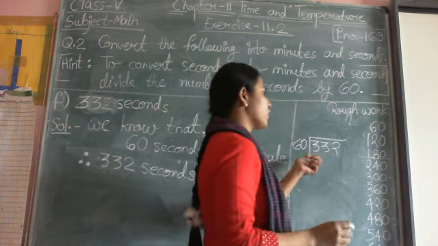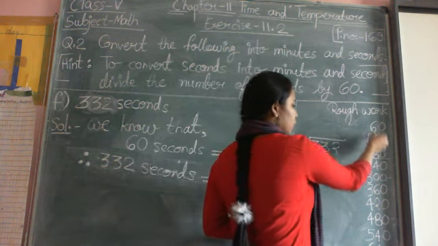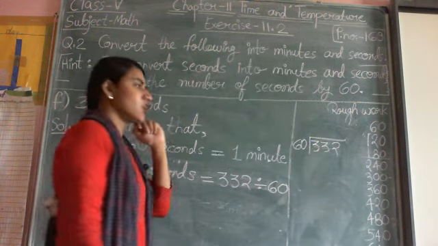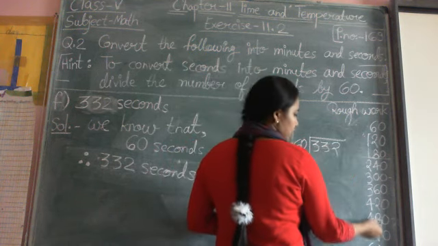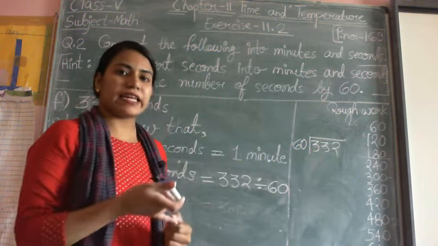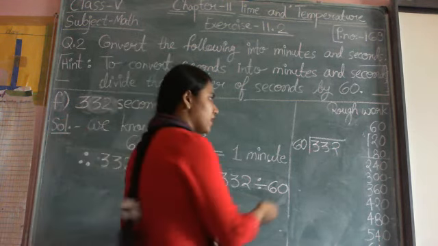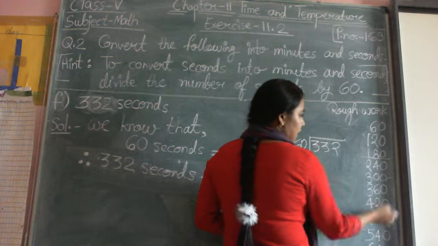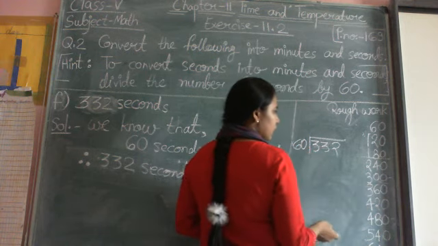To divide, first of all check if the number 332 comes in the table of 60. No, 332 does not come in the table of 60. So now check if there is any number just smaller than 332 that comes in the table of 60. Yes, which is 300.